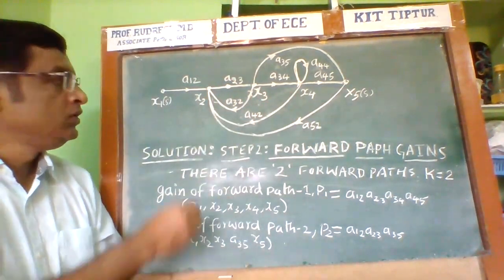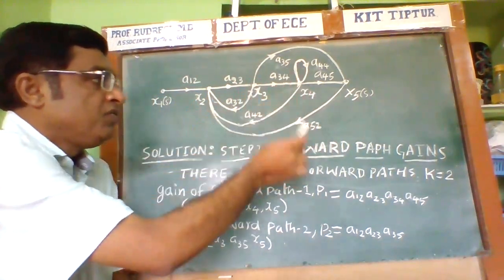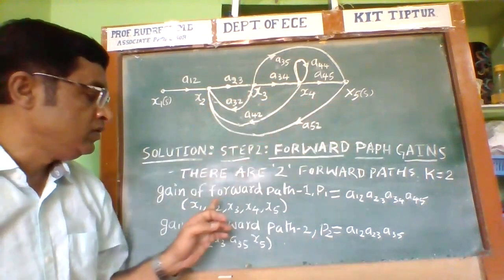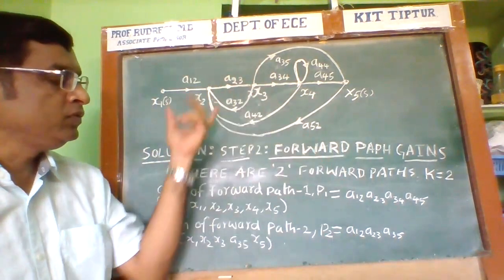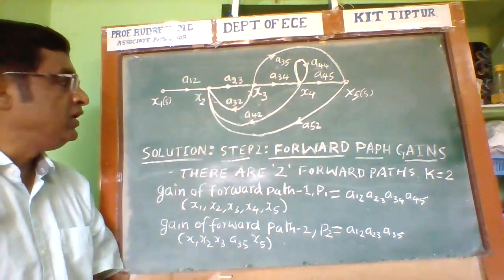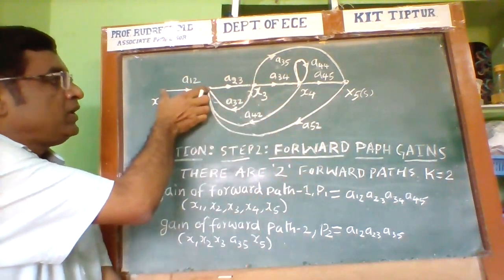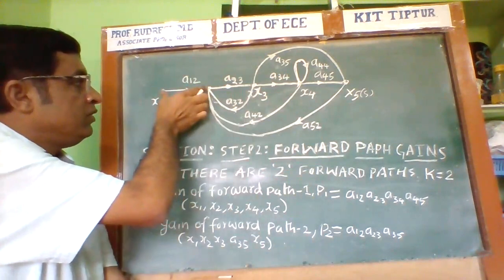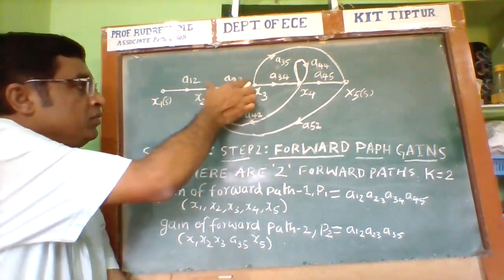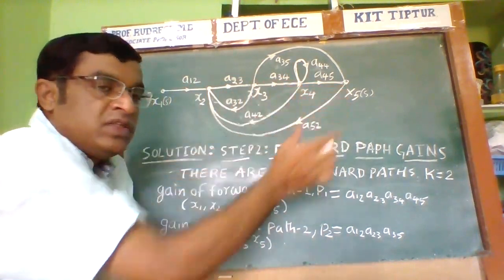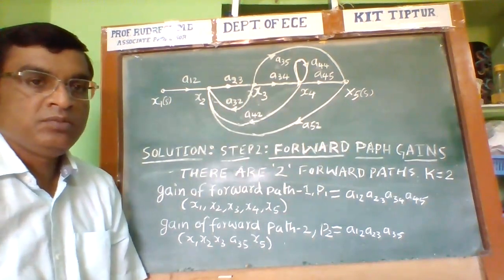The first forward path starts from the x1 node, goes to the x2 node, x3 node, x4, and x5. This is the first forward path. The forward path gain is the product of the branch transmittances, the product of the gains of the branches.